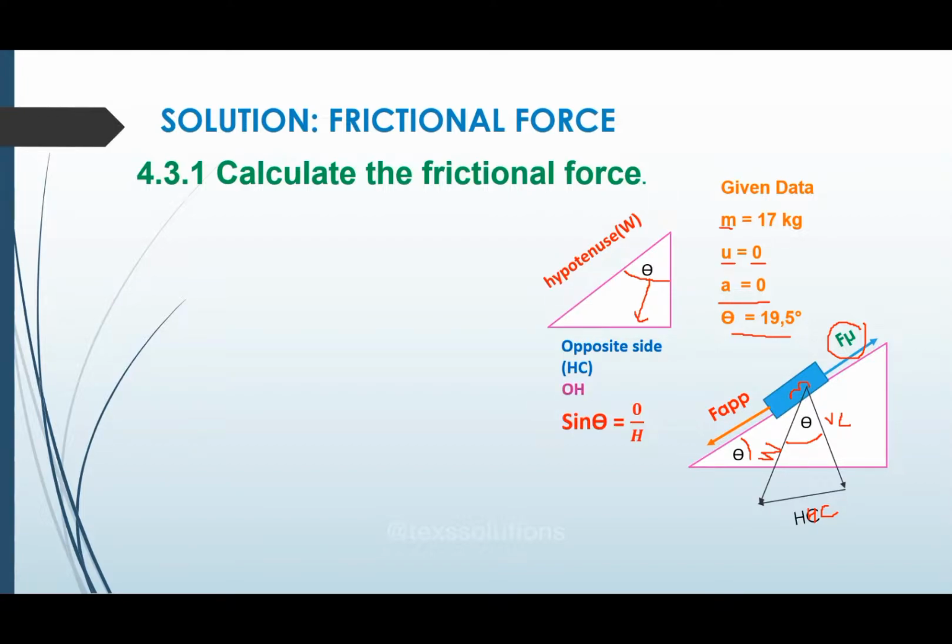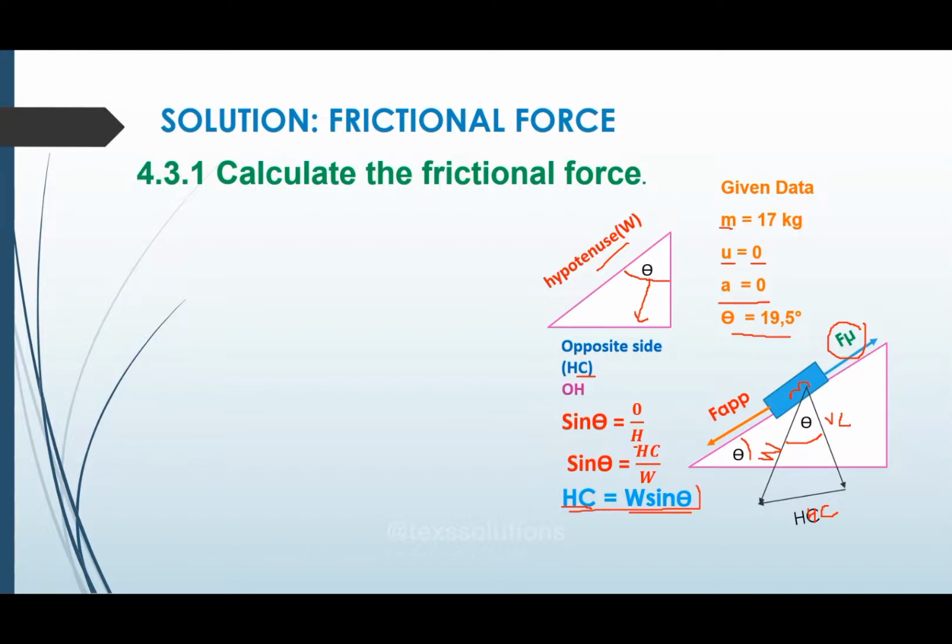Since we have opposite and hypotenuse, the trig ratio we are going to use here is sine theta. Sine theta is calculated as opposite over hypotenuse. In this case, the opposite side represents the horizontal component and the hypotenuse represents my weight. So if I do a cross multiplication, the horizontal component is calculated as W sine theta.